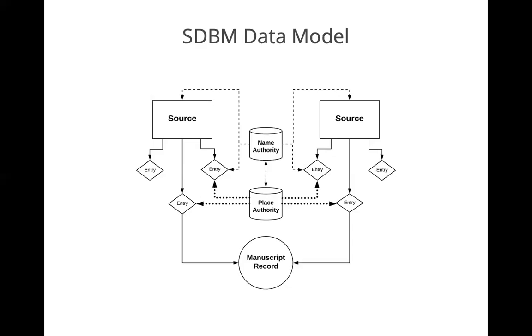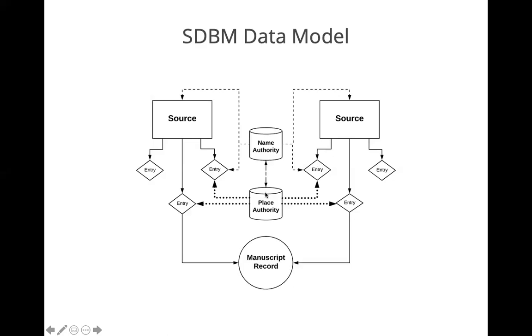We follow the Library of Congress standards when possible, and we link to VIAF when possible in our name authority. But this often isn't possible because a lot of the people and institutions that we have evidence for don't have corresponding records in the Library of Congress or anywhere else besides the Schoenberg Database. So that's why we have our own in-house name authority standard as well.